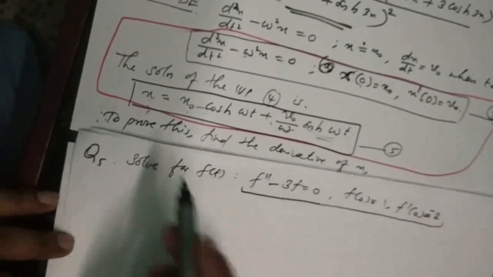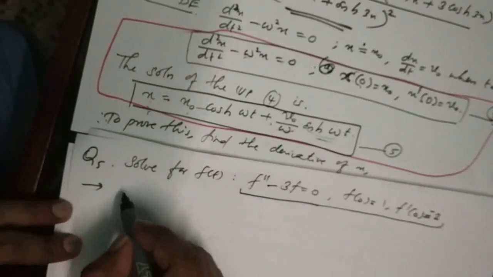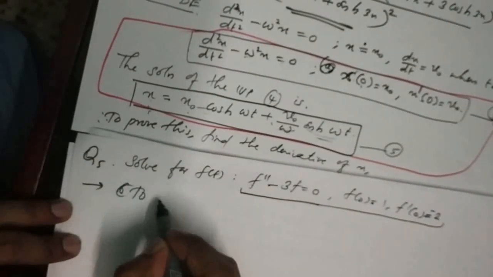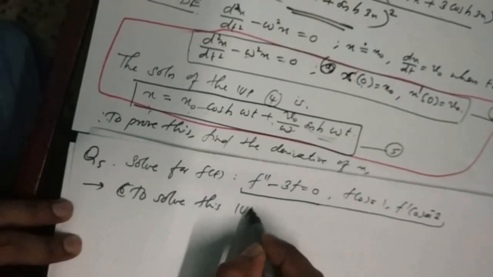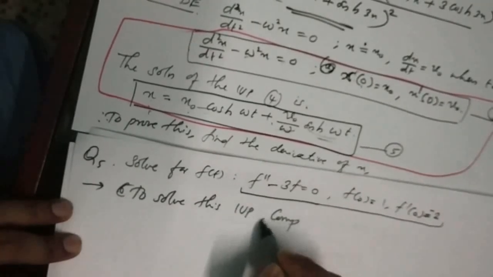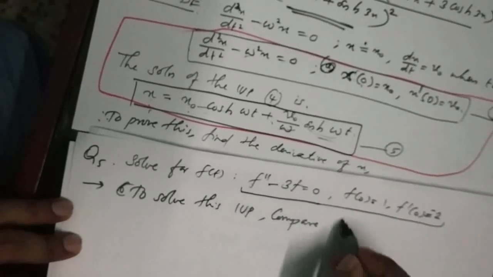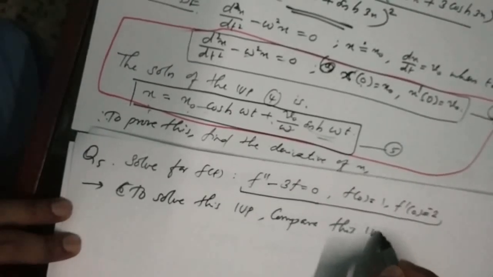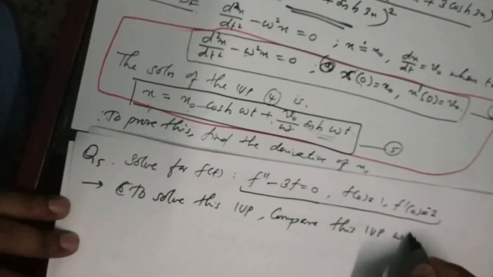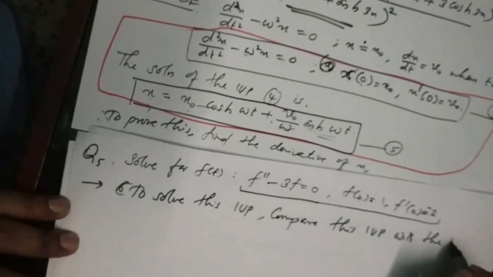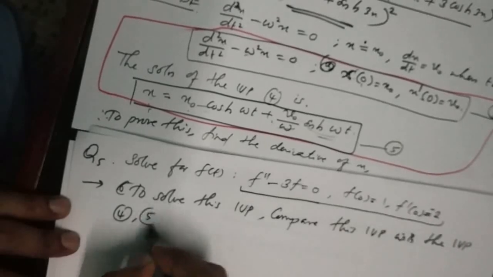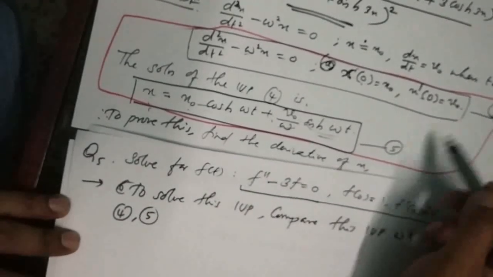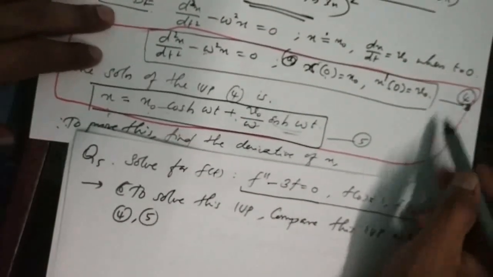So to solve this IVP, compare it with IVP 4,5. So this was 4 and this is 5.